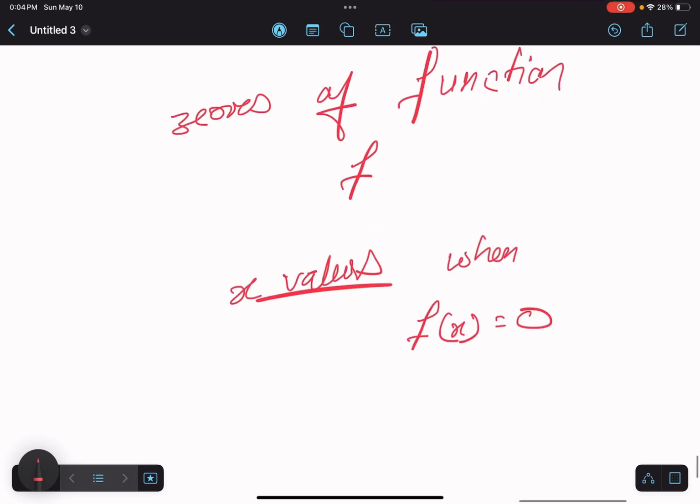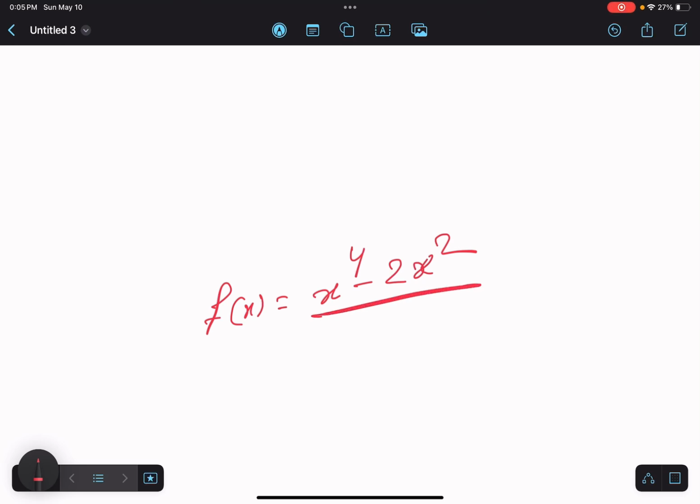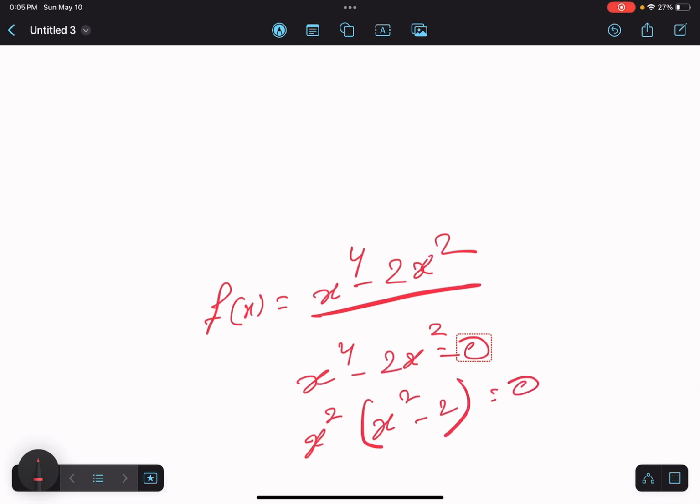Let us do an example. F(x) is equal to x to the power 4 minus 2x square. How do I solve it? The values of x for which this becomes 0. That means x to the power 4 minus 2x square is equal to 0. Taking x square common, x square times (x square minus 2) is equal to 0.